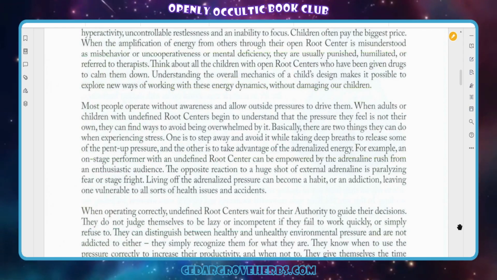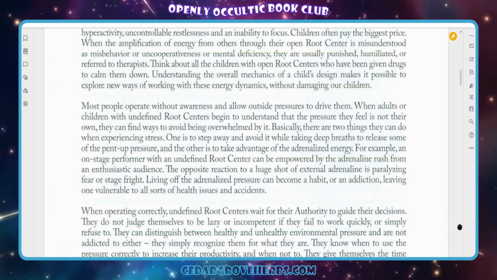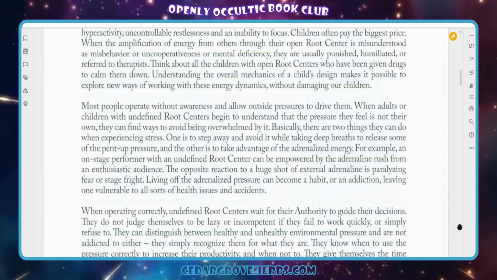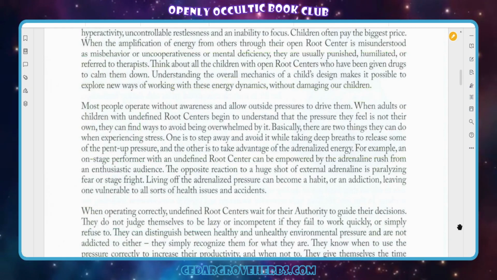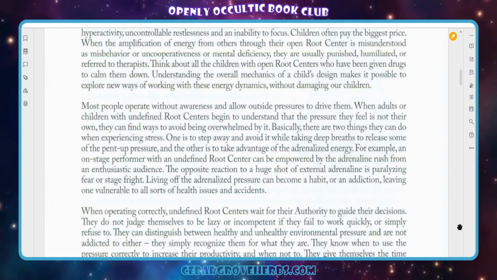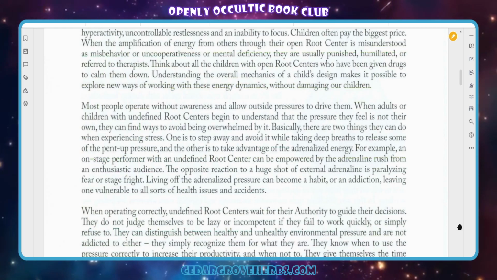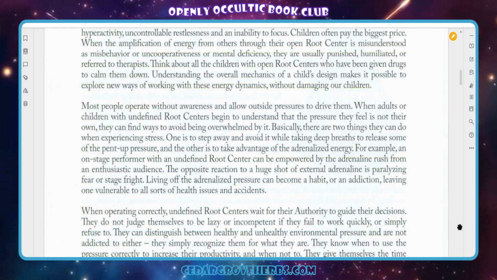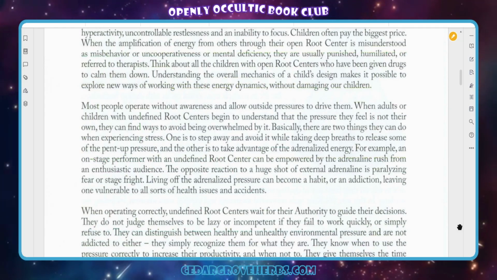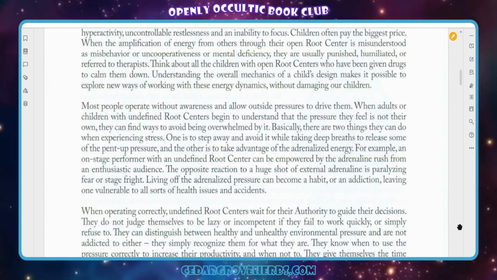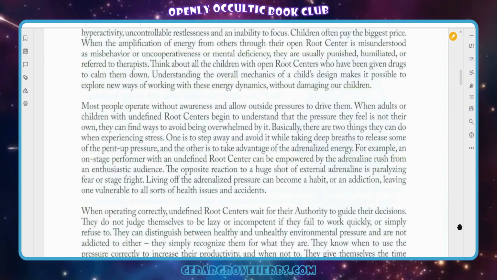Breathing exercises. And the other is to take advantage of the adrenalized energy. For example, an on-stage performer with an undefined root center can be empowered by the adrenaline rush from an enthusiastic audience. The opposite reaction to a huge shot of external adrenaline is paralyzing fear or stage fright.